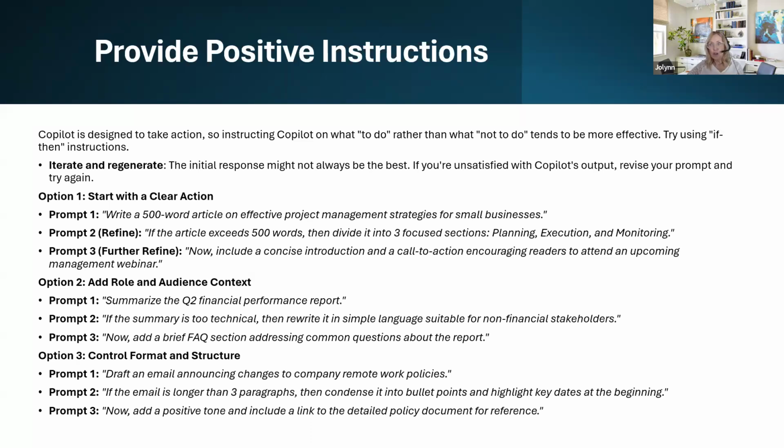We're letting it know that if the email is longer than 3 paragraphs, because it's an email, go ahead and put things in a bulleted list. Let it know that's how you want it formatted. So I could even be saying, use headings where appropriate, use numbered lists, whatever it is that you want it to be using, Copilot can do that. So once again, we're not having to go back.